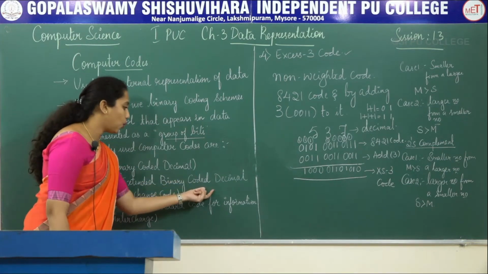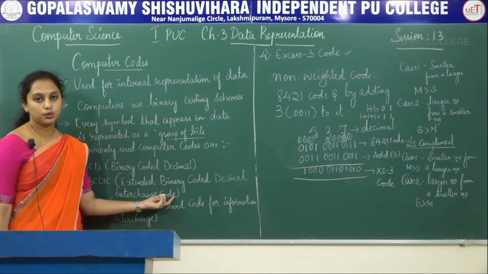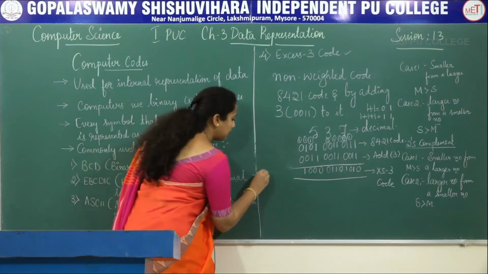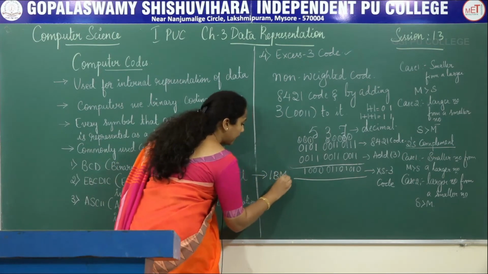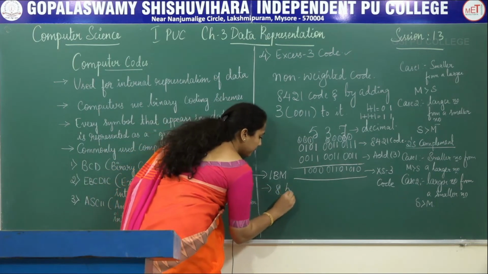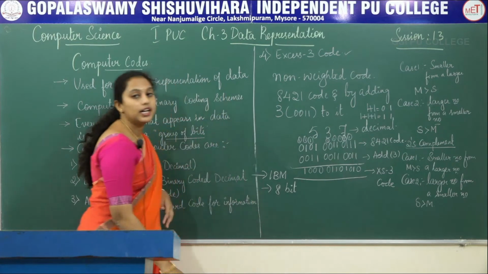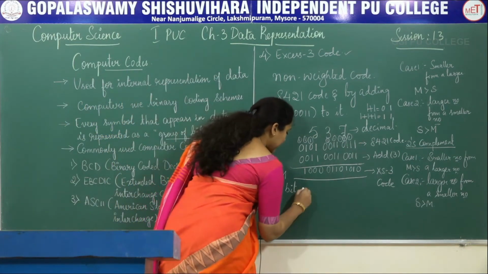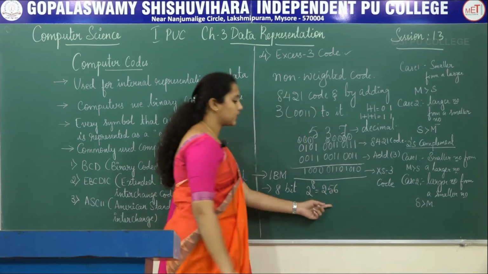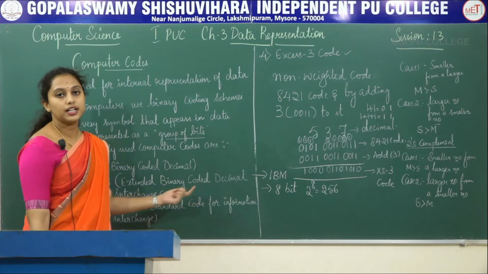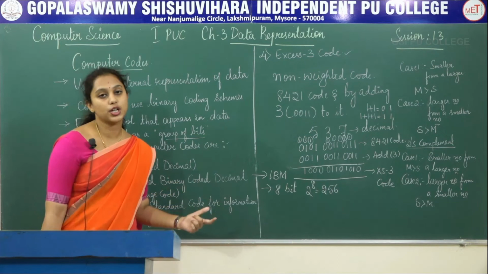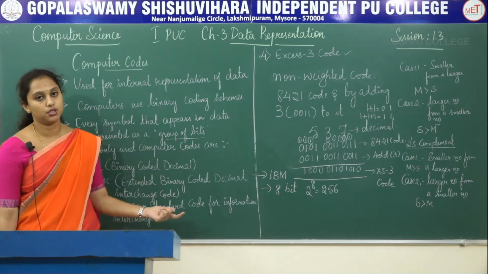It was developed by IBM and it is an 8-bit code, so it has 2 power 8, which is 256 possible combinations we can represent. It is widely used in large computers like mainframe computers.